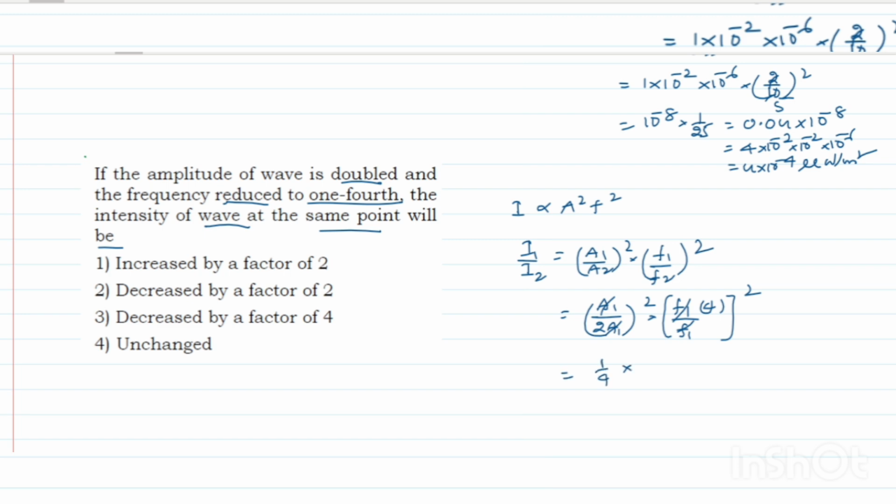This is 1 by 4 into 4 square, it is nothing but 16 times. Here they are asking the I2 value. This is I1 by I2, then I2 equals I1 by 4. So intensity is reduced to 1 by 4, decreases by a factor of 4. This is the correct answer.